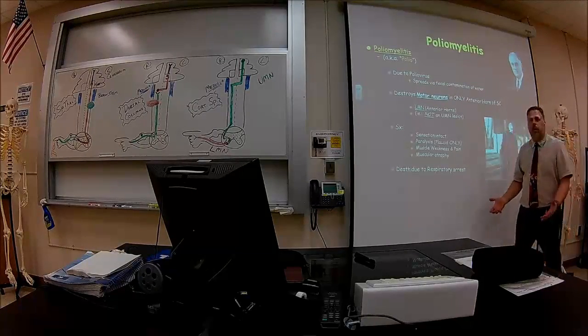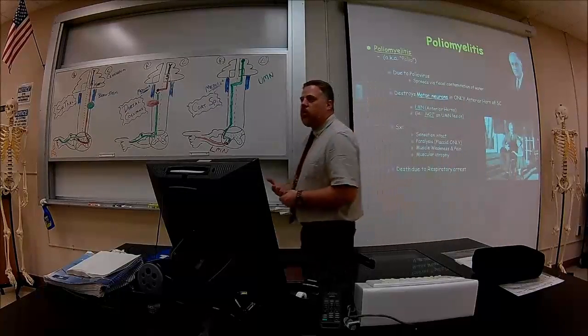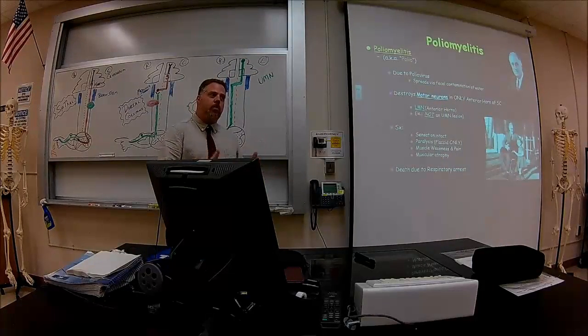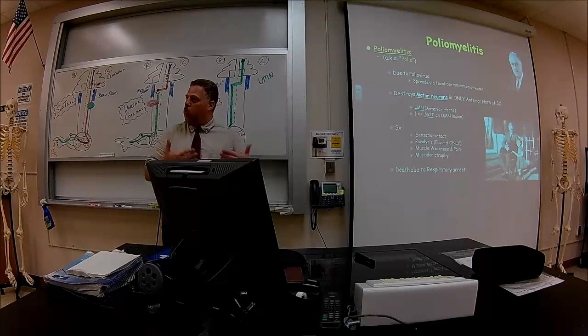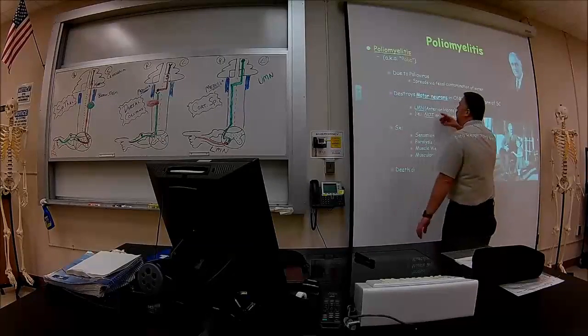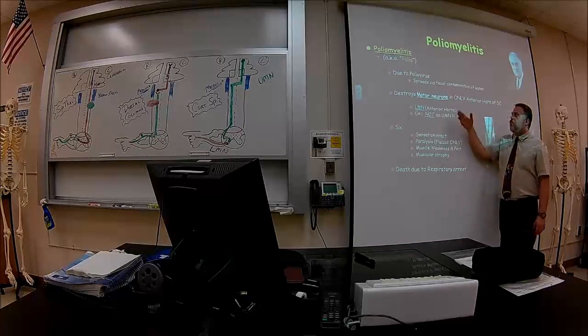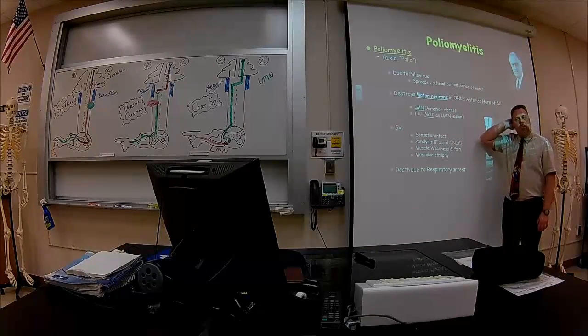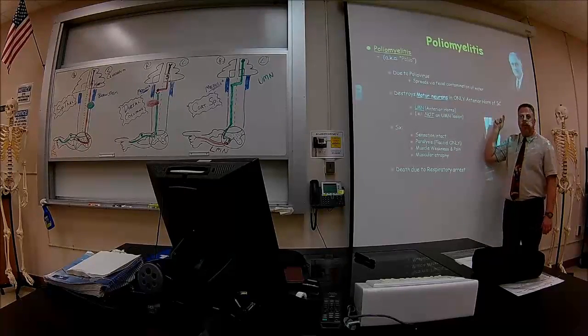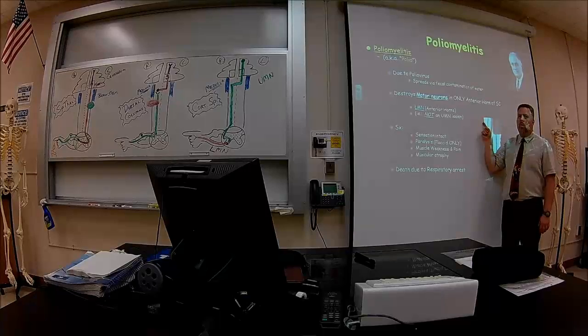We don't see polio as often because we have vaccines. But he had polio as a child. He became, which is a pretty impressive thing, president with polio, okay? What this is, it's due to the polio virus, and it's spread through fecal contamination of water. What happens here, it destroys the motor neurons only in the anterior horn.